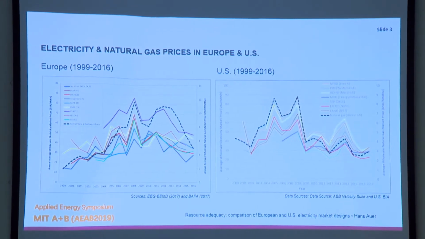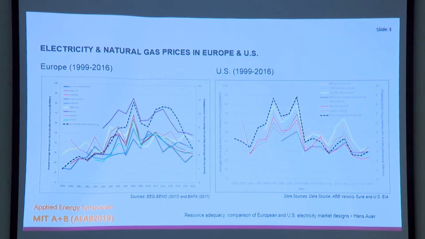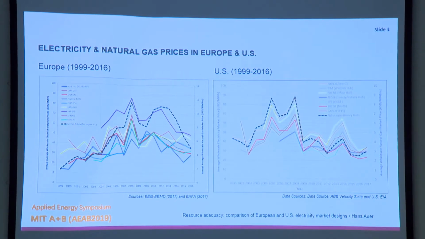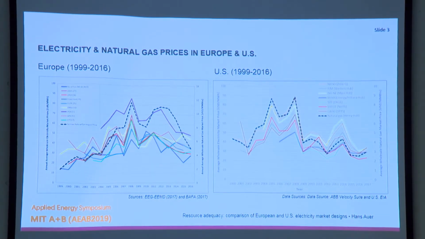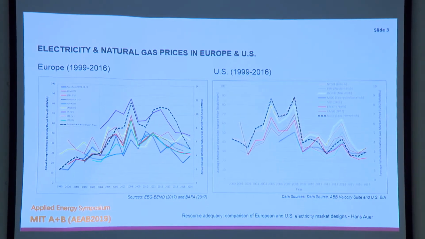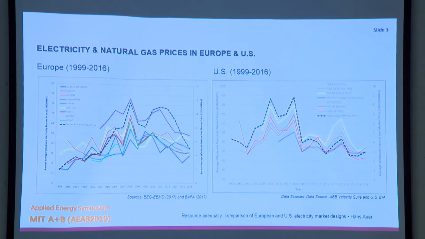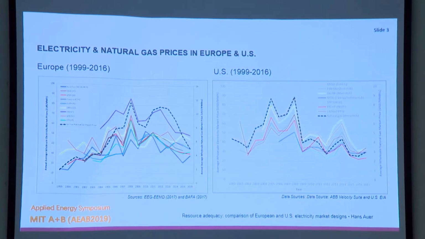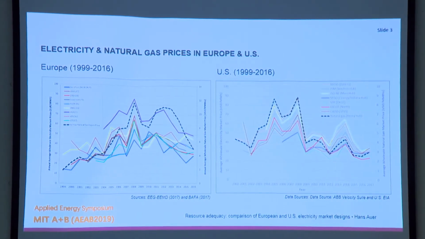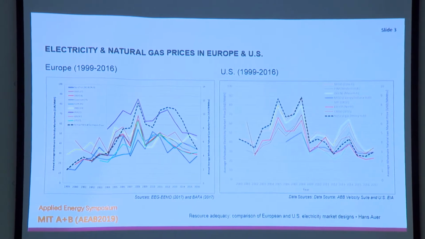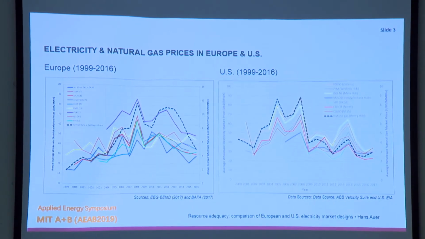On the upper end, there are markets like Italy operating a high share of CCGT power plants. On the lower end, rather markets like the Nordic market with high shares of hydropower. So there is quite a colorful picture in Europe, and the blue dashed line shows the natural gas price.